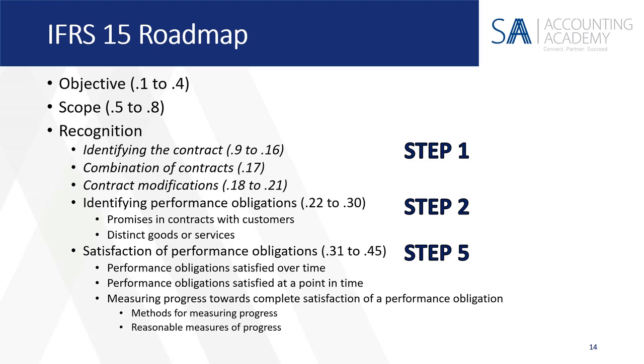So what would constitute promises in contracts with customers? And then you'll see when we talk about step 2, when are goods or services distinct? Because distinct goods or services must be dealt with as separate promises. And then we focus on those promises and how they actually get satisfied. Then we talk about satisfaction of performance obligations. And you might wonder, why are we jumping to step 5?